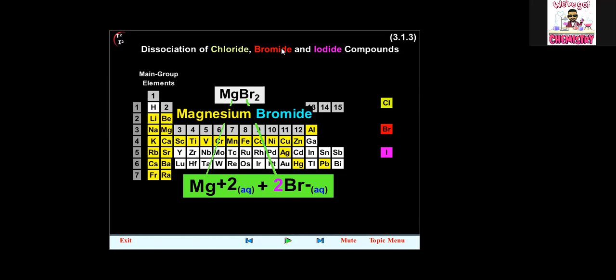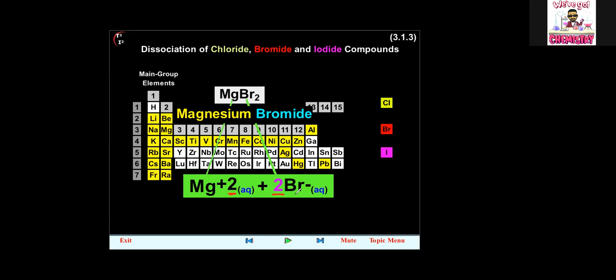Now, remember that bromide has a negative one charge, but when you're writing the ionic equations, remember this is the tool to balance the two positive charges from magnesium, or two electrons being donated by magnesium.